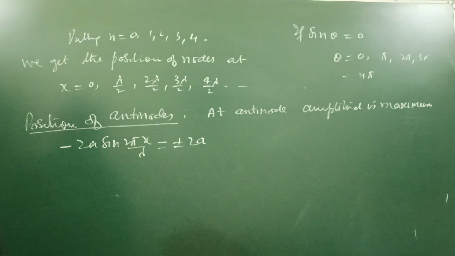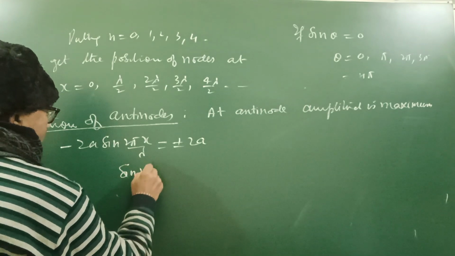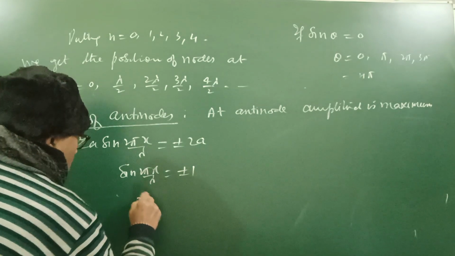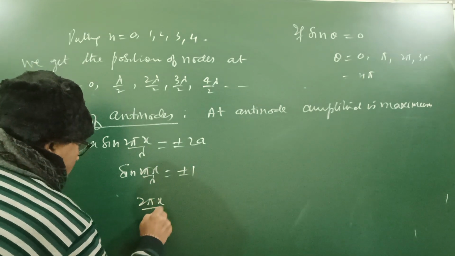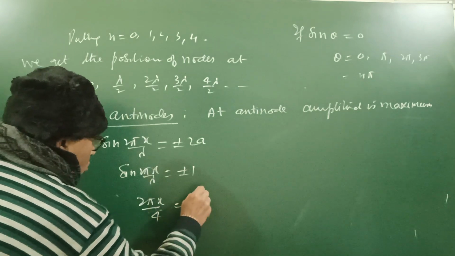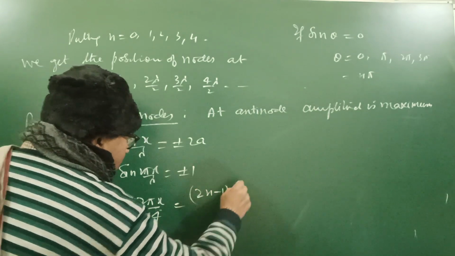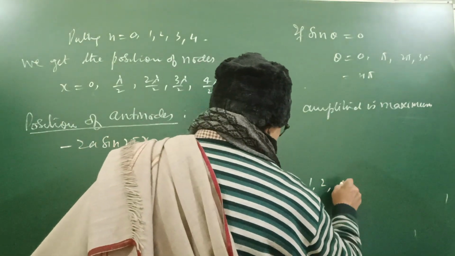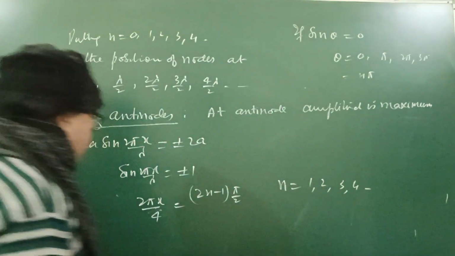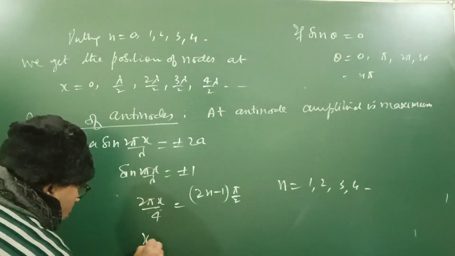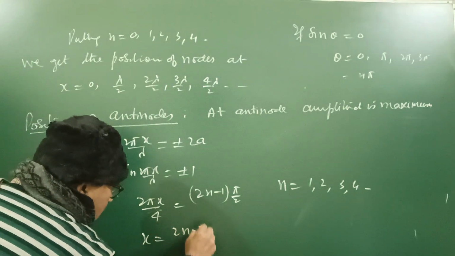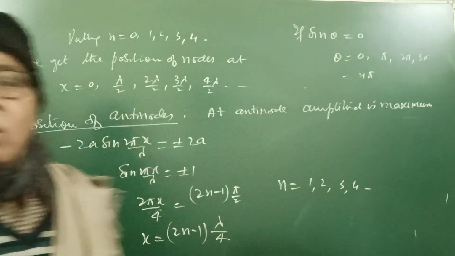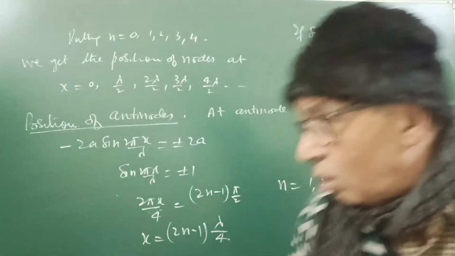Or sine 2 pi x upon lambda equal to plus minus 1. Or 2 pi x upon lambda equal to (2n minus 1) pi by 2, where n equal to 1, 2, 3, 4, not 0. From here x comes out to be (2n minus 1) lambda by 4.